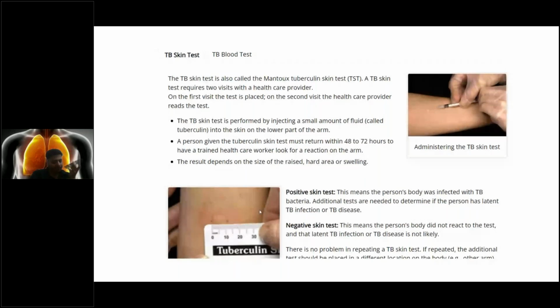If it is 15 mm or more than 15 mm, then we consider it Mantoux positive. Mantoux positive signifies that the patient might have tuberculosis. But as I told, it's a very non-specific test, because in India, where tuberculosis is so endemic, you will get it positive.